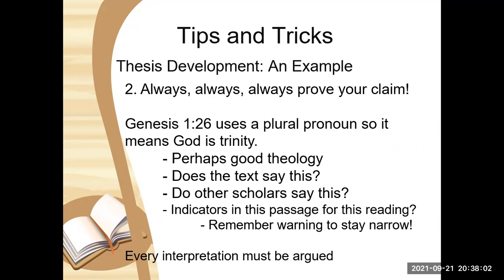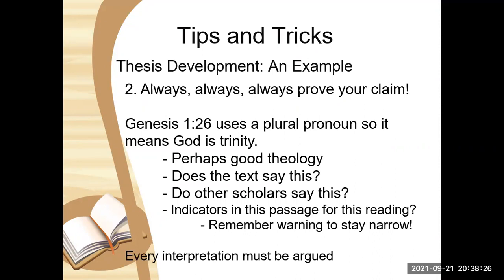Remembering to stay narrow. Remembering not to look further on multiple chapters in Genesis or to look at the very beginning of Genesis. Look only at 26 through 31. Are there indicators in this segment for that reading? If there are none, it may not be something you want to touch on. Every interpretation must be argued.